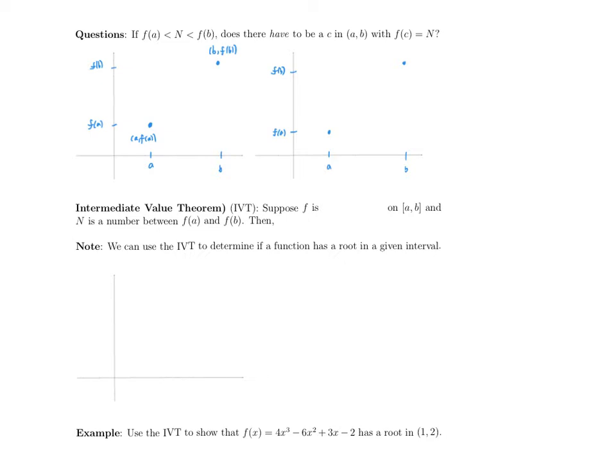So graphically, I have n, which is some number between f of a and f of b. What I want to know is when you sketch the graph of the function f, does it have to cross this horizontal line? And I want you to pause the video and think about that for a few minutes and come up with your conclusion.